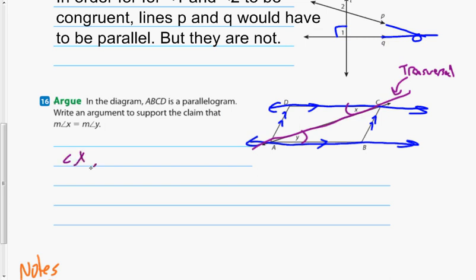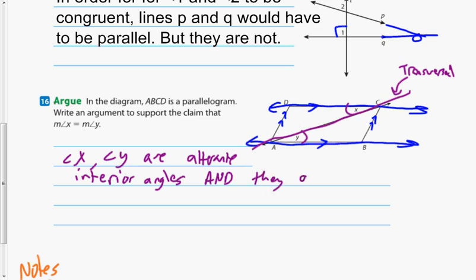Angle X and angle Y are alternate interior angles, and they are formed by two parallel lines with a transversal.